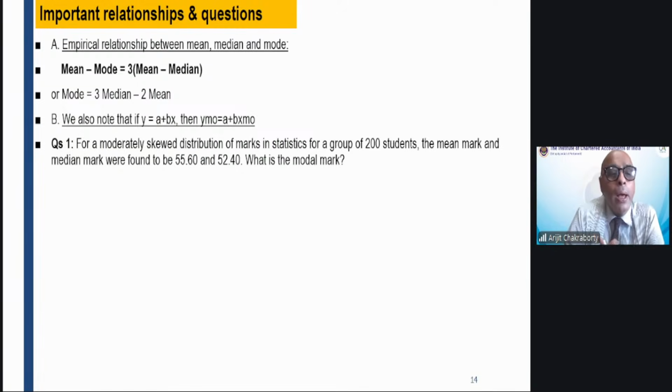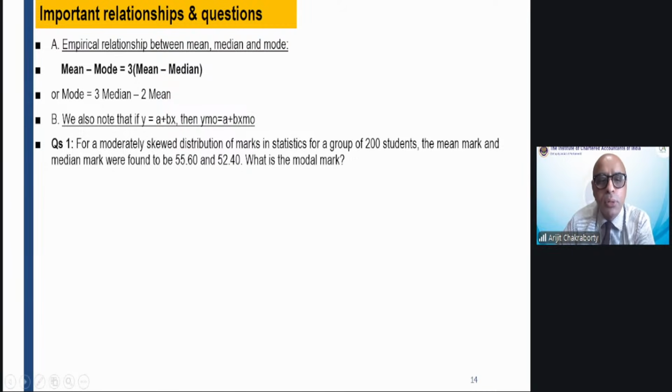Why? Because in case of mean, median, and mode, they are affected due to a change of origin as well as a change of scale. So based on these 2 formulas, important formulas for our exam, let us see the first question.